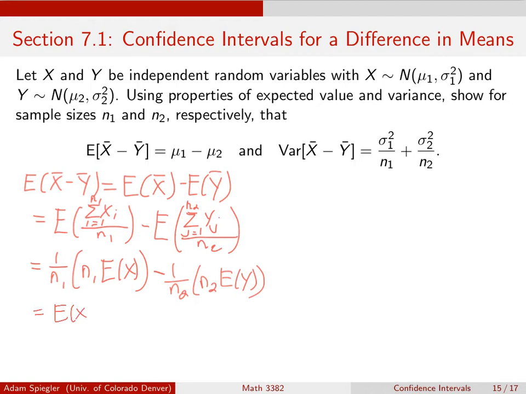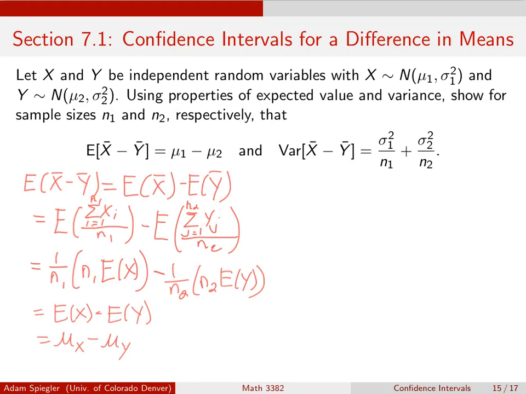So what's left is the expected value of X minus the expected value of Y, in other words, mu x minus mu y. Let me just say that we've already seen the expected value of x bar is mu x, and the expected value of y bar is mu sub y. So we could have just said from this stage that we've already seen this is mu x, and this is mu sub y.